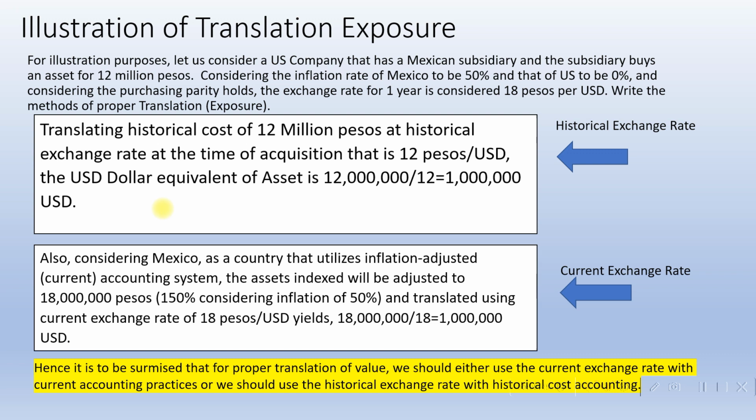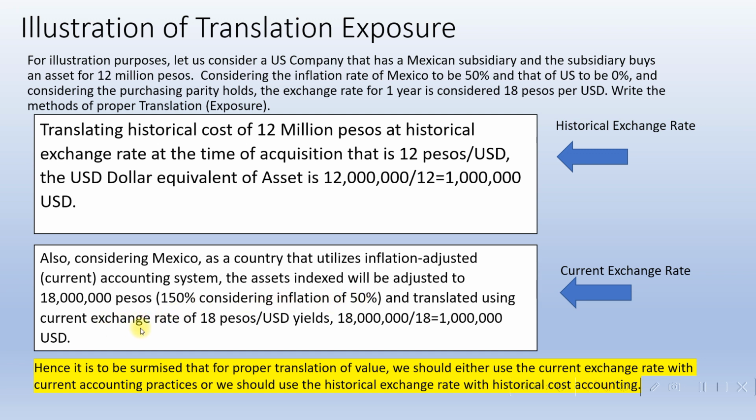Now, what is the translation as per the current exchange rate? Considering Mexico as a country that utilizes an inflation adjusted or current accounting system, the indexed assets will be adjusted to 18 million pesos. Why 18 million pesos? It is because of the inflation of 50%.